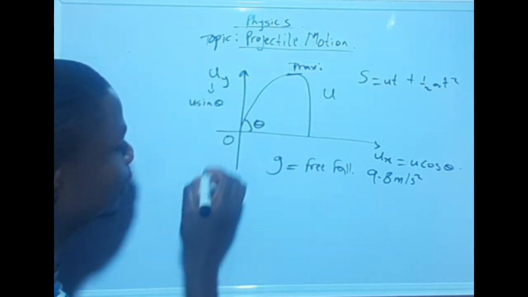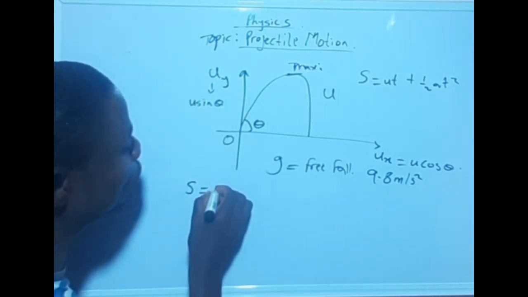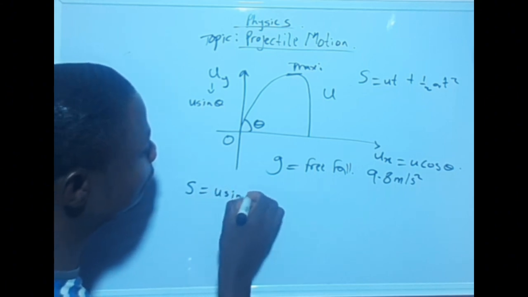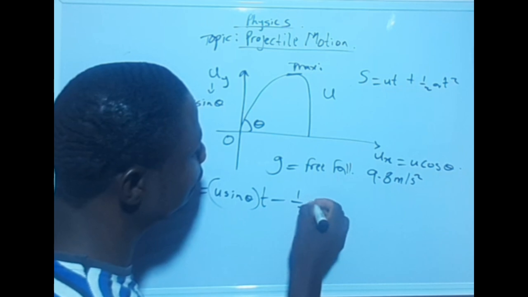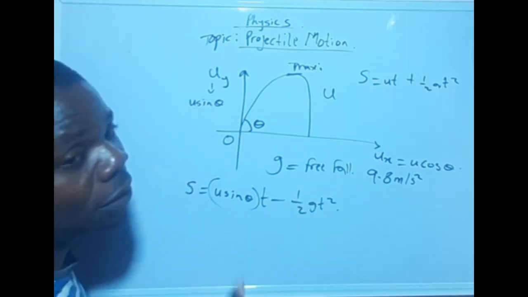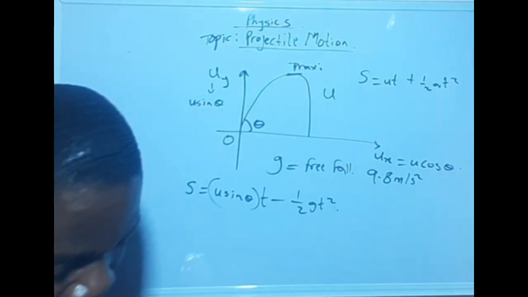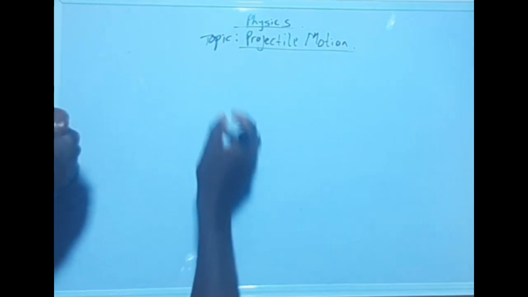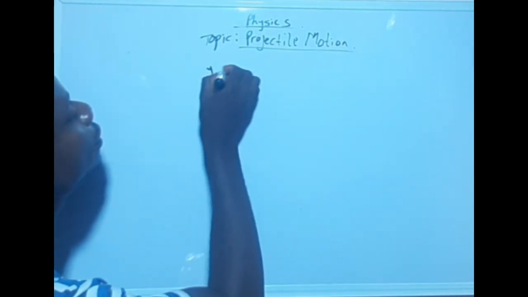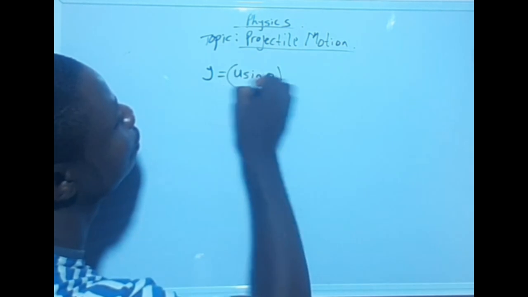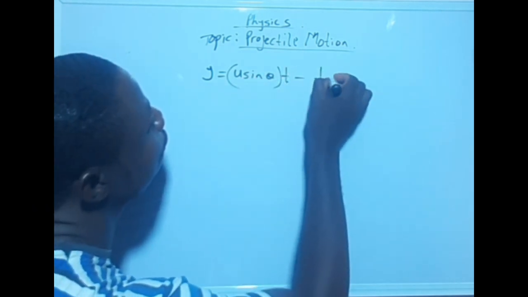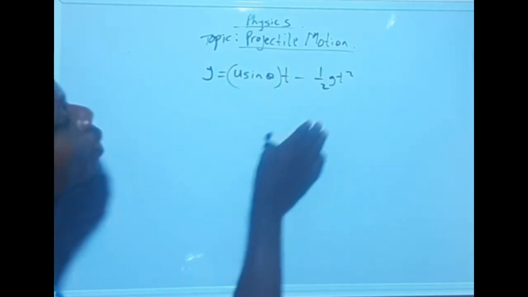Now let's say we have S equals U sine theta times T minus half g t squared. Did you see that now? Now let's move on. We now have y equals U sine theta times T minus half g t squared.